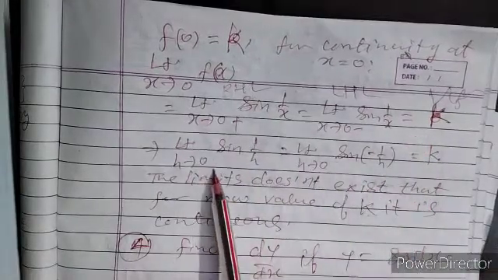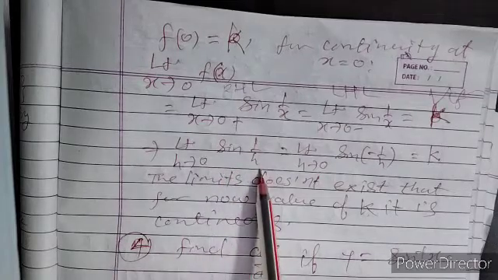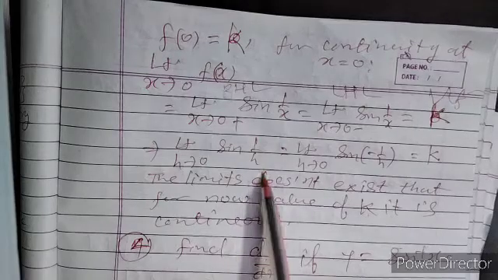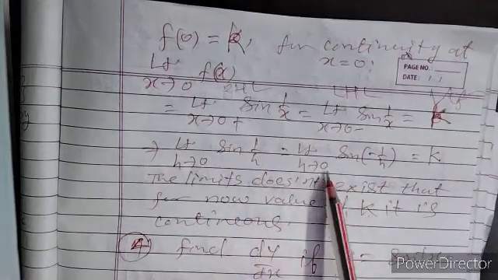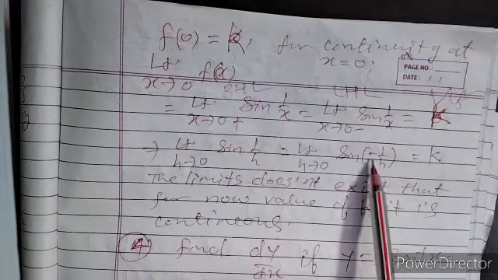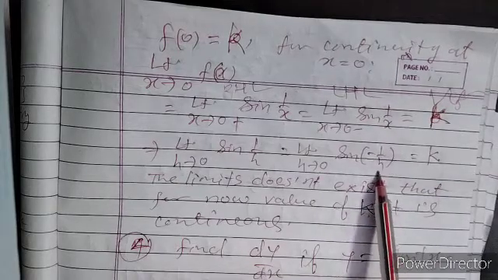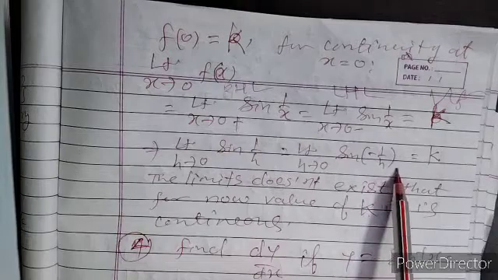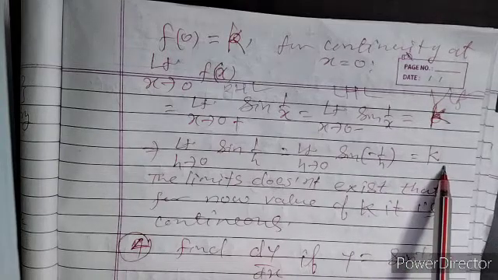This implies that limit h tending to 0 of sin(1/h), with 0 + h, is equal to limit h tending to 0 of sin(1/(0 - h)), that is sin(-1/h), and that is equal to k.